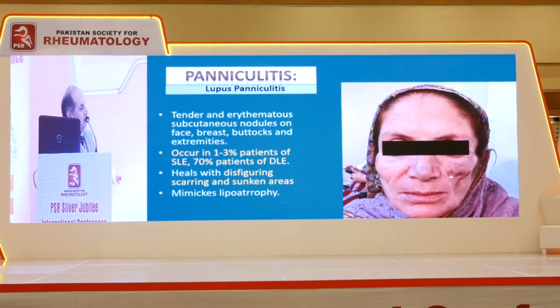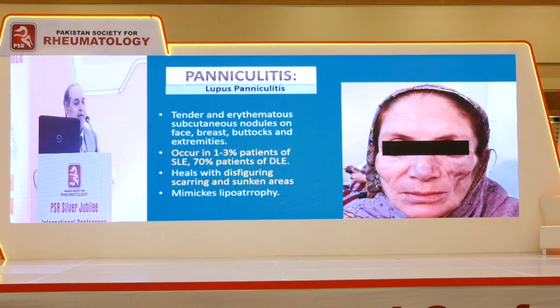The cheeks are an important site of lupus paniculatus. Along with these lesions, we have seen them over the thighs and upper arms. If we see indurated nodules along with sunken areas, it is an important sign of lupus paniculatus.